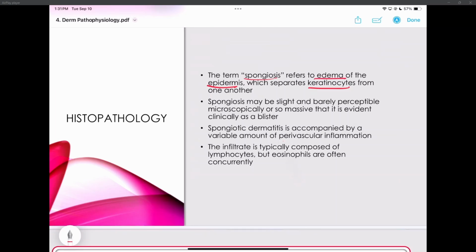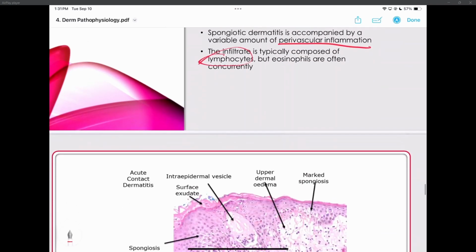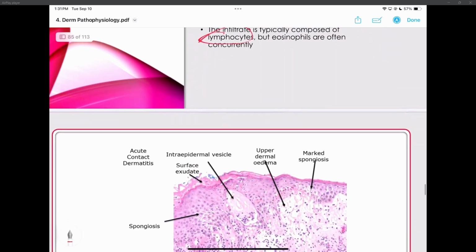Spongiotic dermatitis is also associated with perivascular inflammation, and the infiltrate is mainly lymphocytes, but some eosinophils can also get in there as well. Remember, this is an allergic reaction, so eosinophils will be present.